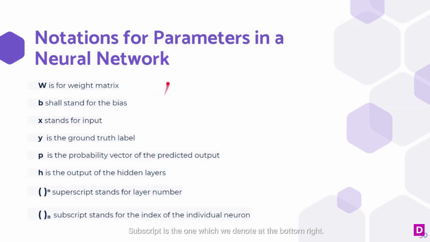Subscript is the one which we denote at the bottom, right? So subscript stands for the index of the individual neuron. Suppose I say x11, that represents the individual input to the first neuron. So x11 represents the input to the very first neuron in the input layer. x12 would represent the input to the second neuron in the first layer, right?